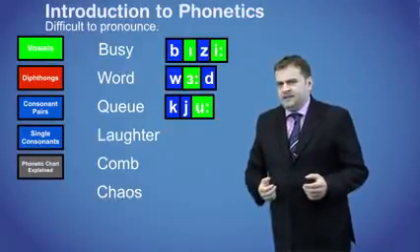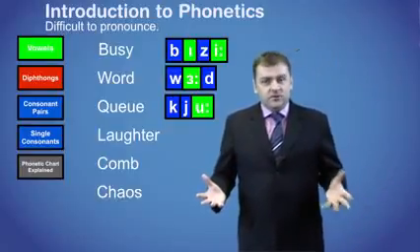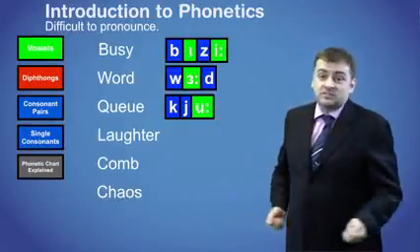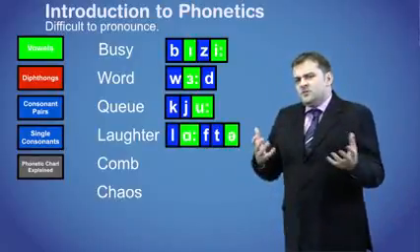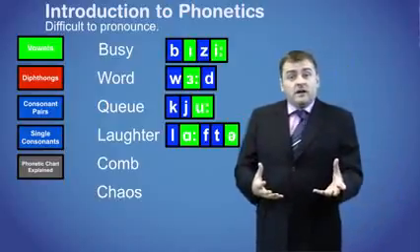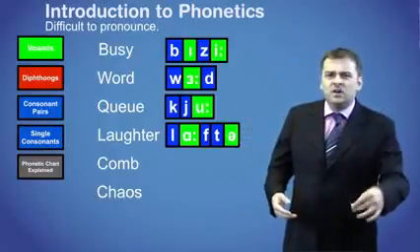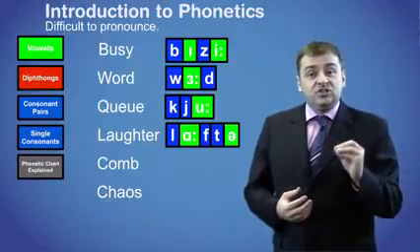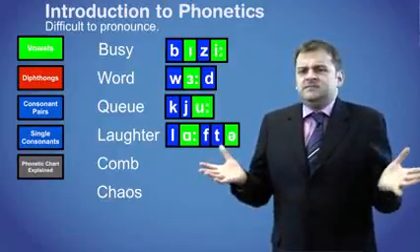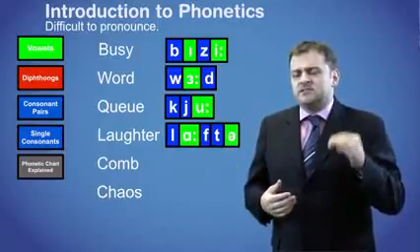Cue. This word's got a lot more letters than you might expect, and most of them are just silent. Laughter. You might expect there to be an R in laughter, but there isn't. And also the F sound is represented by the letters GH. This is a very unusual spelling, and it causes a lot of confusion.